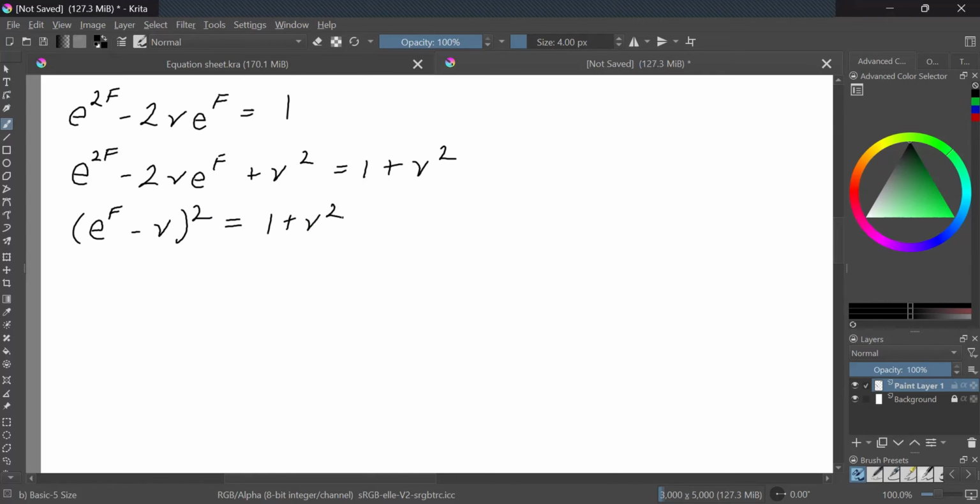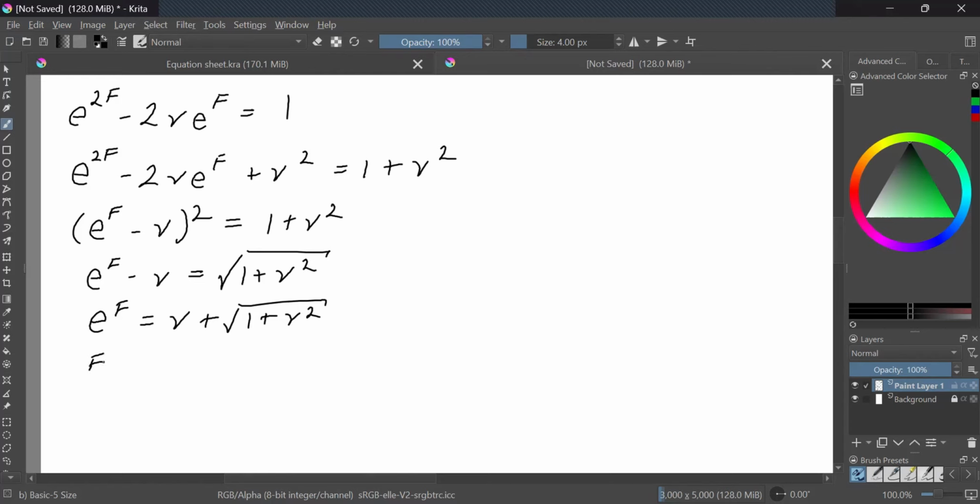We'll take the square root of both sides, so e to the f minus v is equal to the square root of 1 plus v squared. e to the f is equal to v plus the square root of 1 plus v squared. There we go. Woo! Again, the only mistake I would have ever made in this entire series, and I managed to prevent it. How great am I?